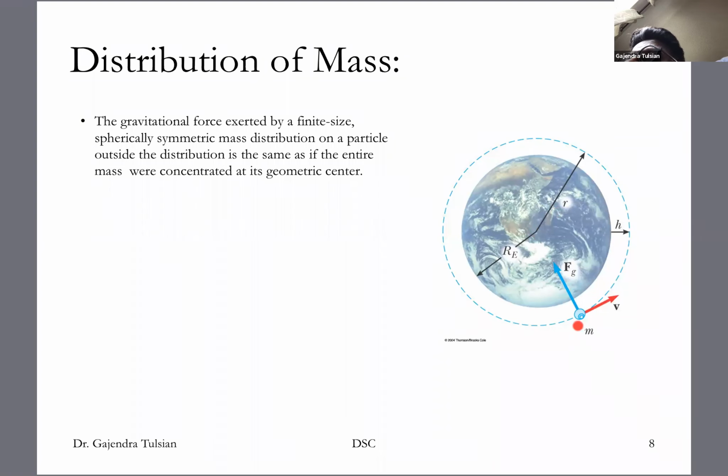As long as the satellite is outside, and since the Earth's mass is distributed symmetrically, the force exerted by the Earth on it would be the same even if you turn the Earth into a point object. Or for instance, if you turn the Earth into a black hole, the satellite motion would not change.